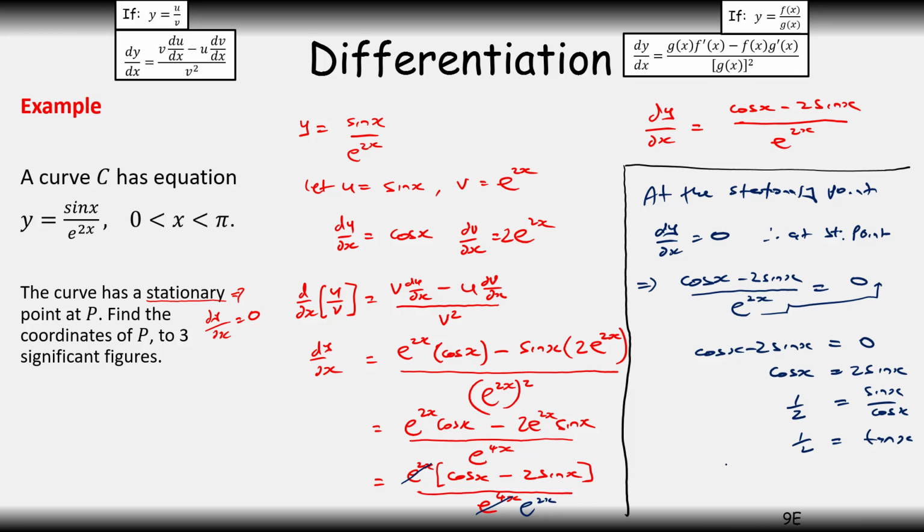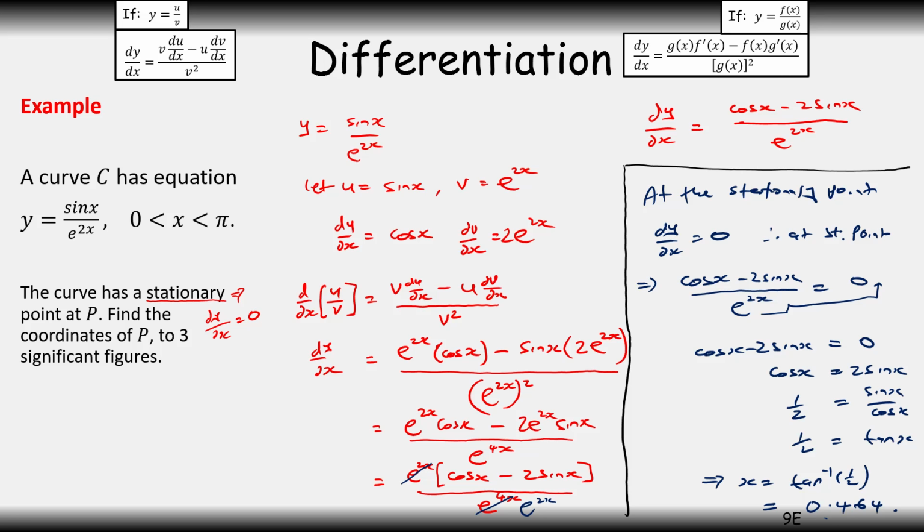So that means that x is equal to tan to the minus 1 of a half, which is equal to 0.464 with the calculator.